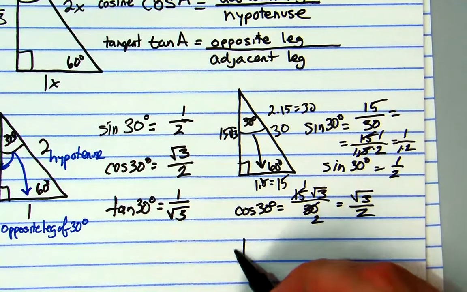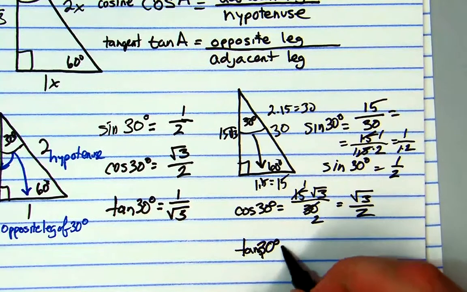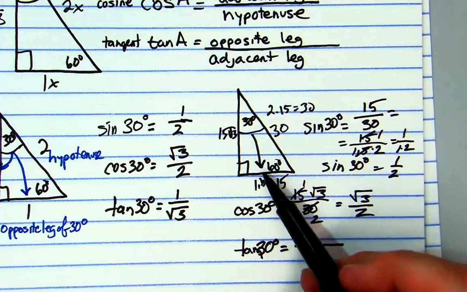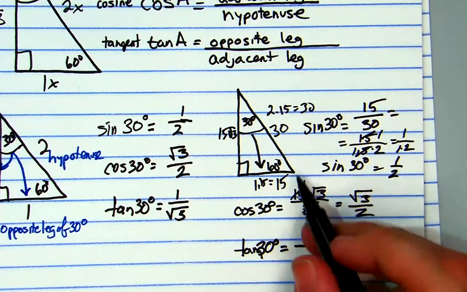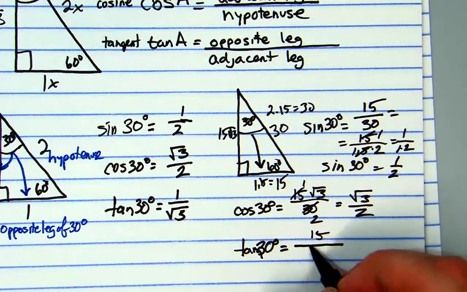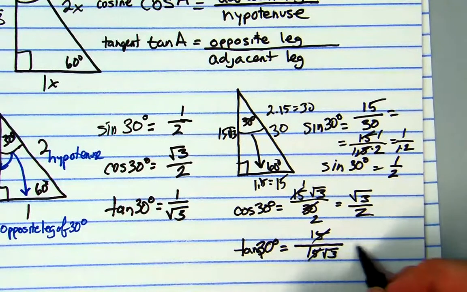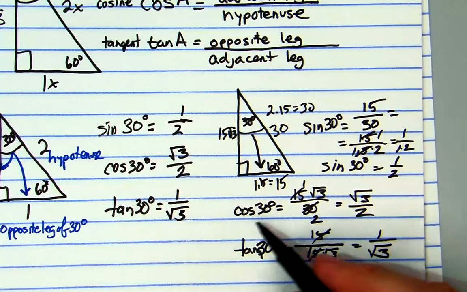And the tangent of 30 degrees, hopefully I end up the same way. I need to take the opposite side, which is 15, over the adjacent side, 15 radical 3, divide them out, and I'll have 1 over square root of 3, which is exactly what the tangent was over here.